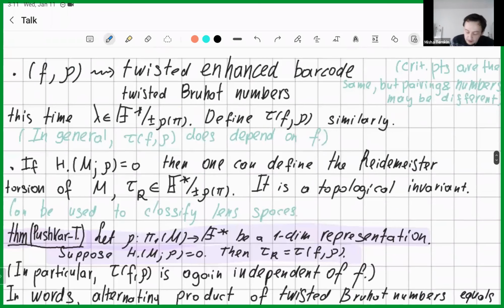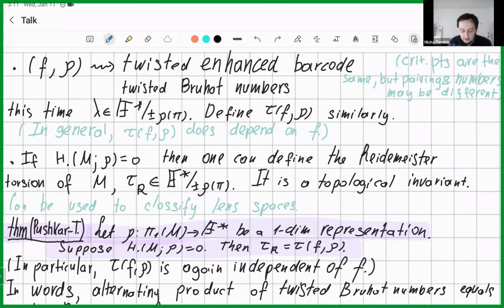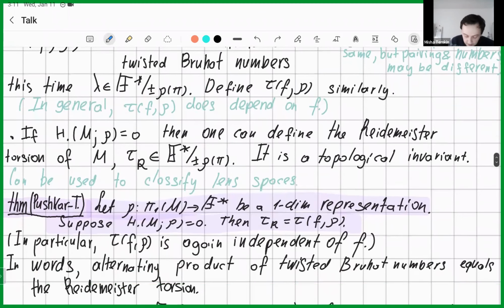So it was surprising for us to discover that in essence the barcode does carry some finer topological information, like Reidemeister torsion. So that was the statement.